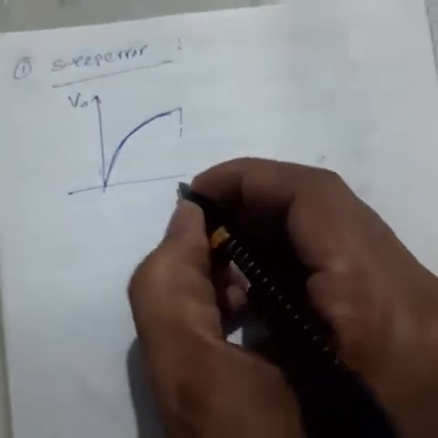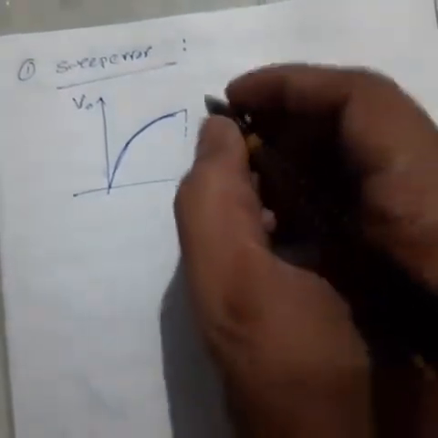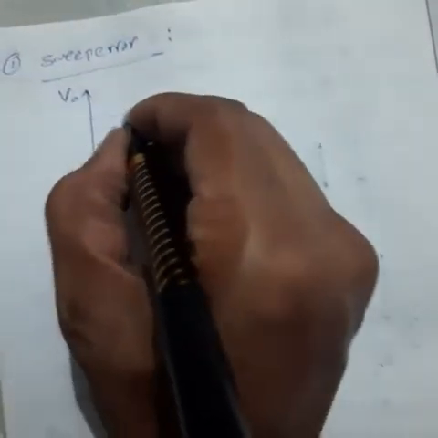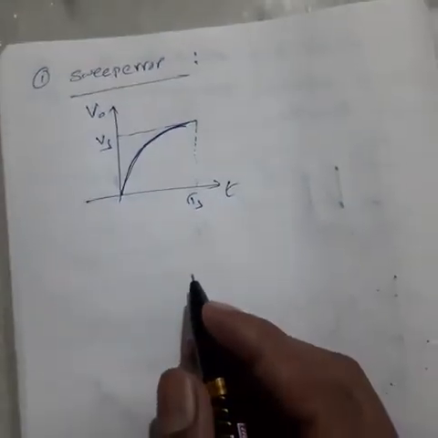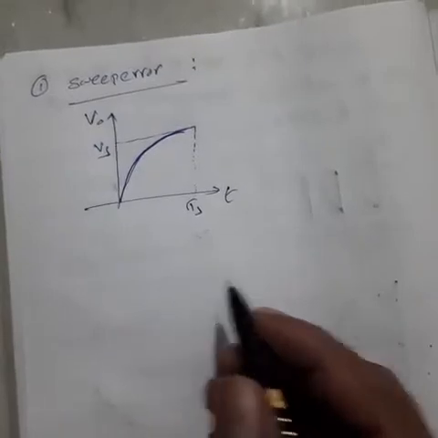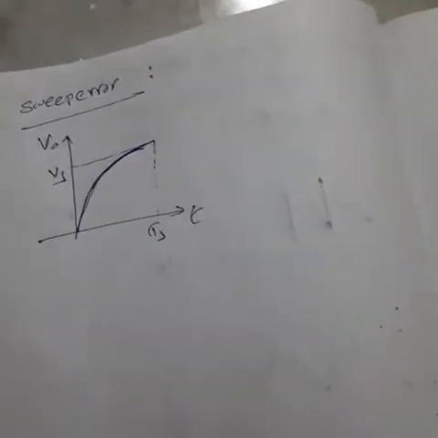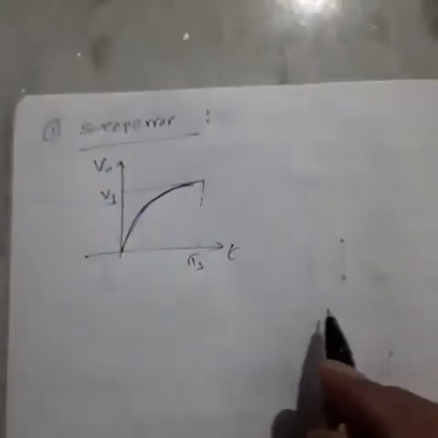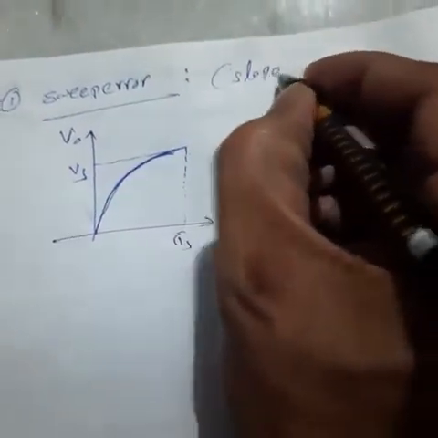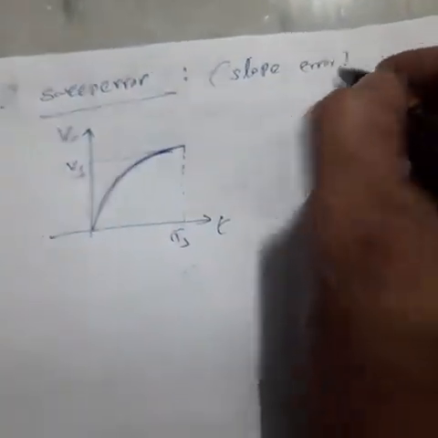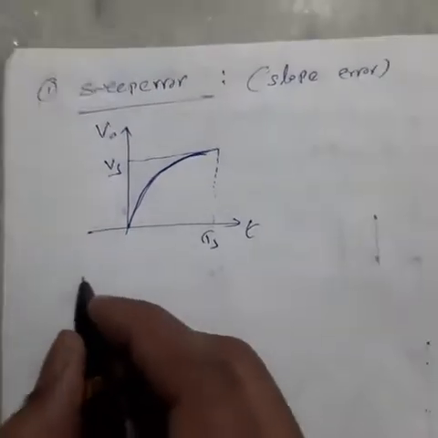Let us assume this is Ts and the maximum voltage is Vs. This is the sweep error, also known as slope error.